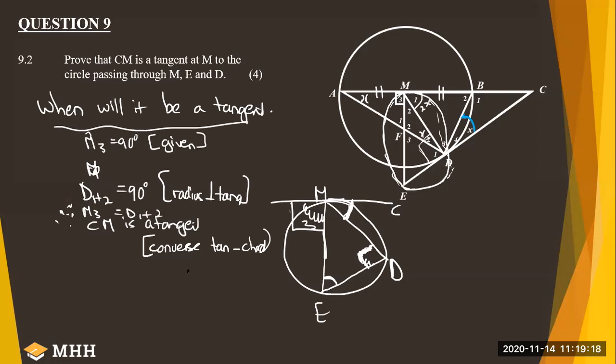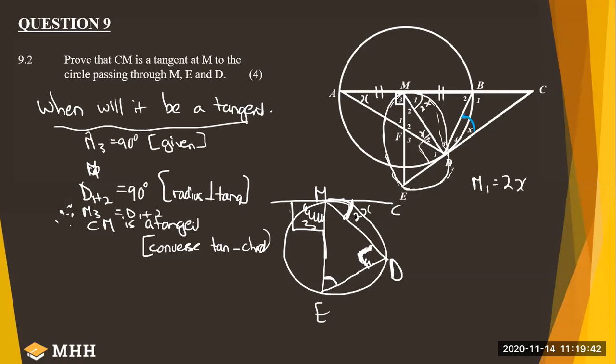On the memo, let me show you what they did. They worked with the M1, which is equal to 2x because it's angle at center, chord. Just want to see what they did. So they worked with that one, which is 2x, so it means it's here. That one is 2x.